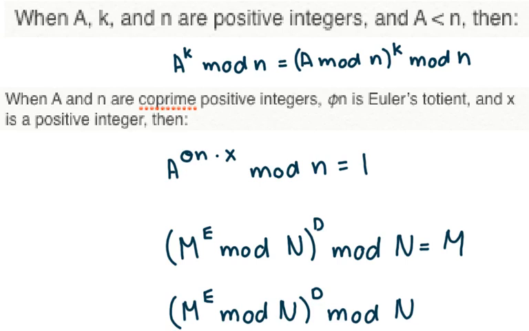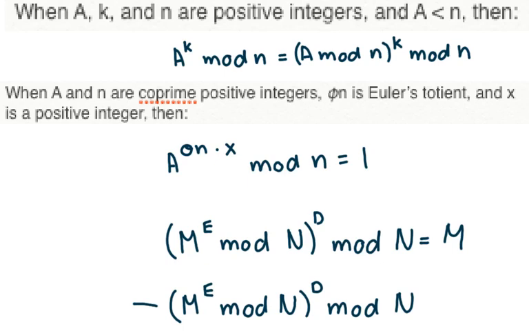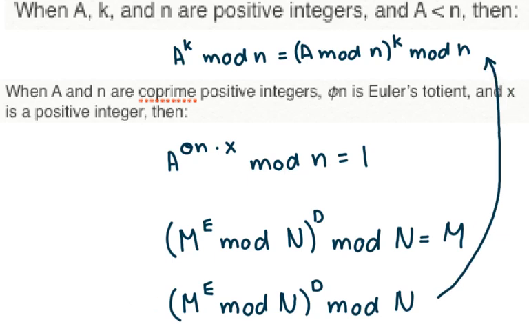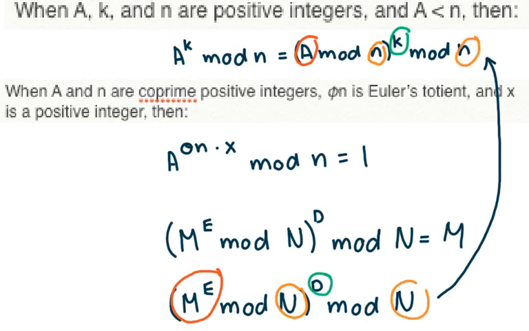So you see here that we have this expression, m to the e power mod n all raised to the d power mod n, and I'm relating back to this, a mod n all raised to the k power mod n. Essentially, I'm treating a as m to the e power, n as n, k as d, and again n as n.